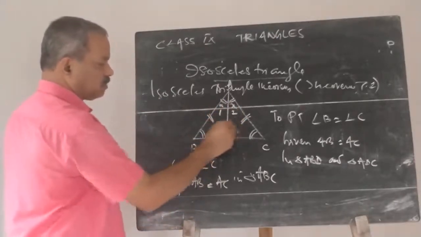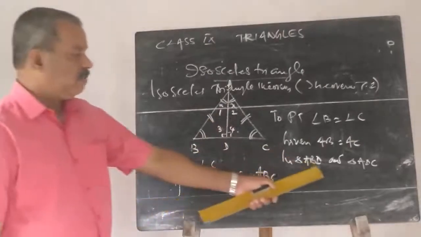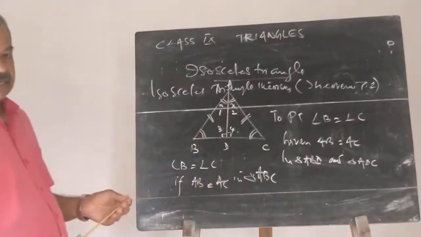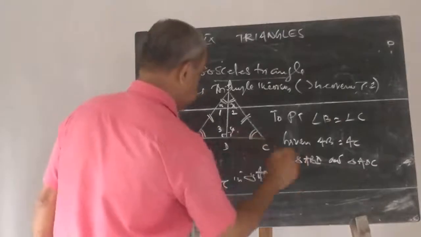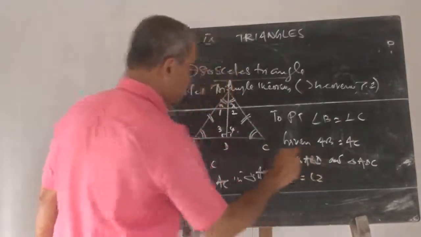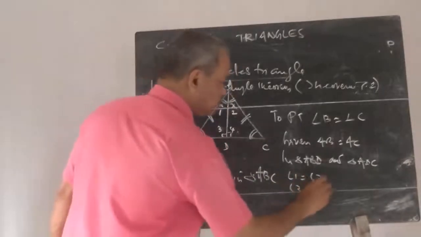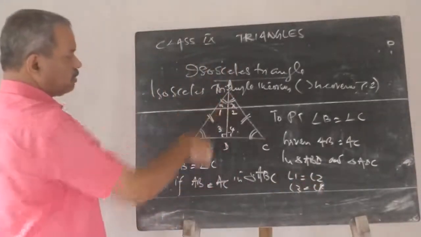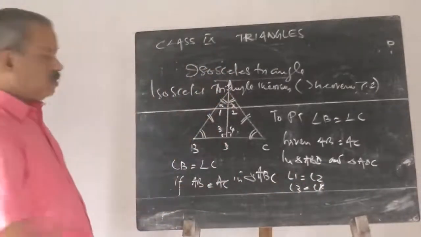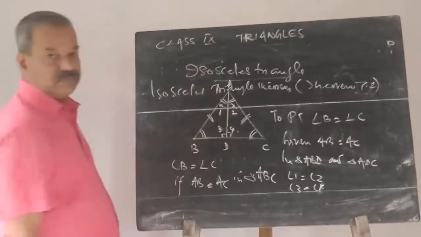Consider the angles in triangles ABD and ADC. Angle 1 equal to angle 2, angle 3 equal to angle 4. Angle 1 equals angle 2, because AD is the bisector of angle A.